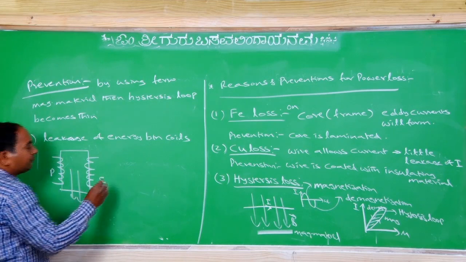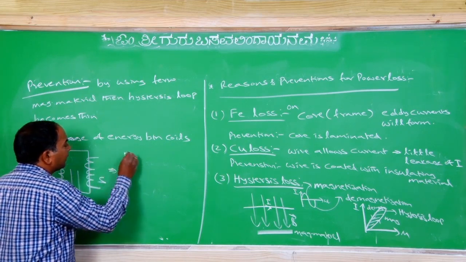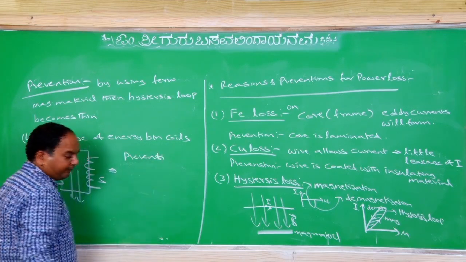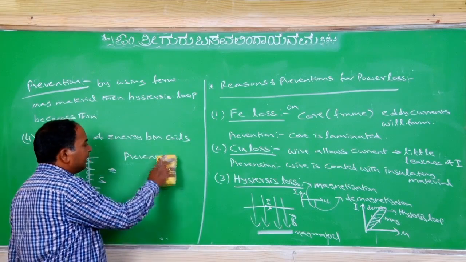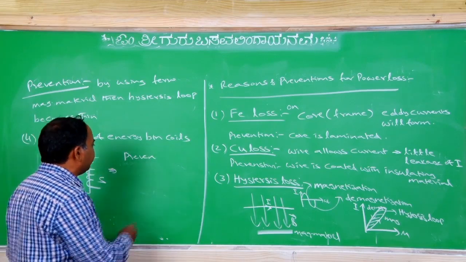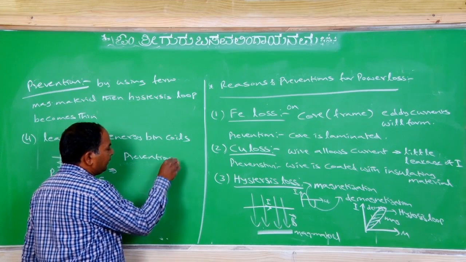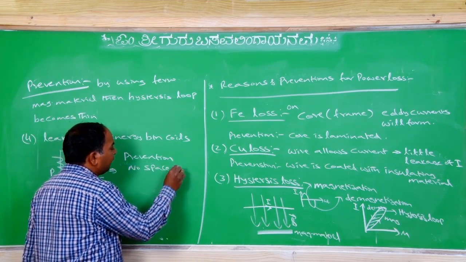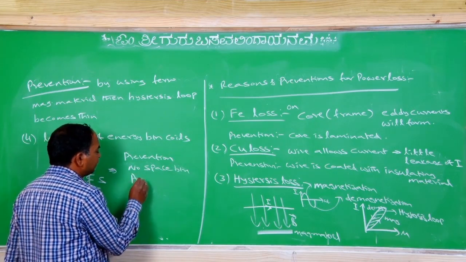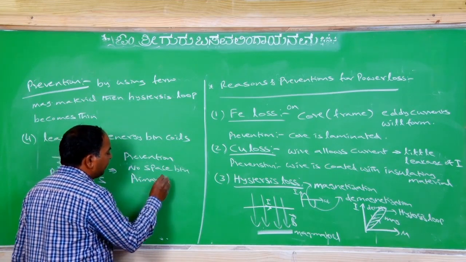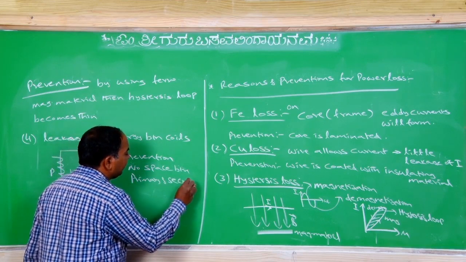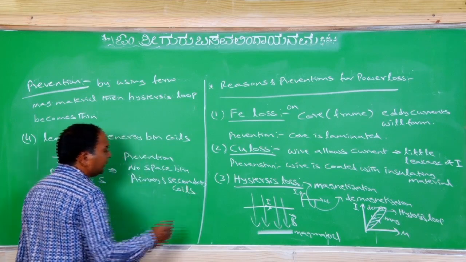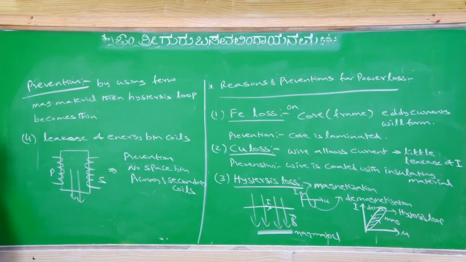To prevent this, its prevention is to maintain no space between the primary and secondary coils, and then the loss will be prevented.